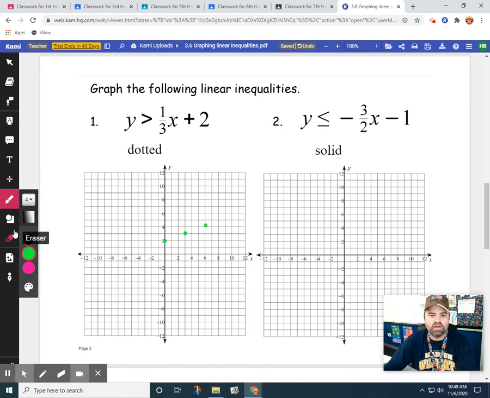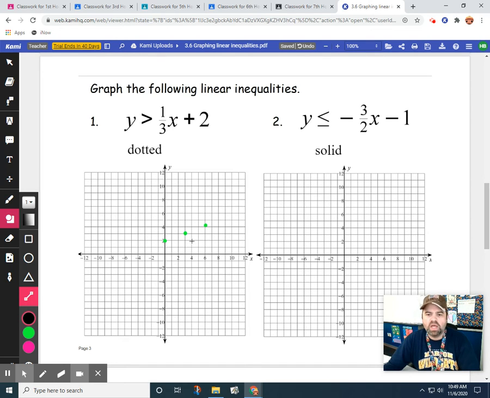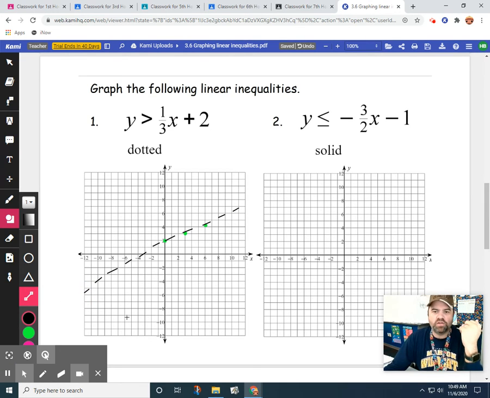It is strictly greater than. So when I go to draw my line, using the line tool, I'm going to make just short little bursts of a line. I'm not going to do long, solid lines. I tried to see if you could change the settings on this so that instead of a solid line, you actually drew a dotted line, because I've got other programs that I can do that in.